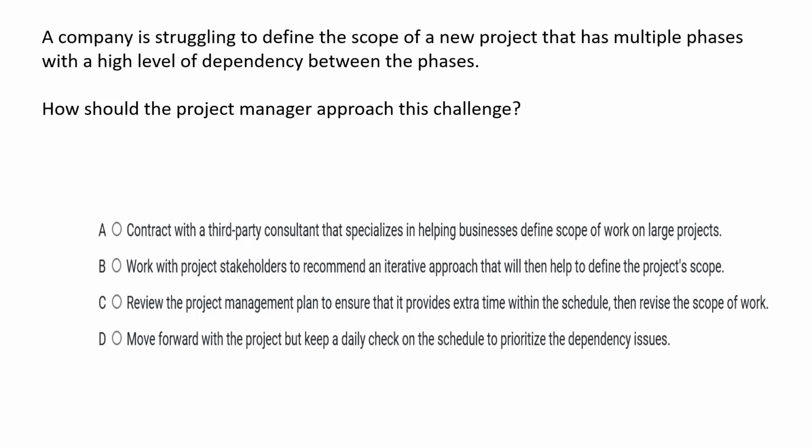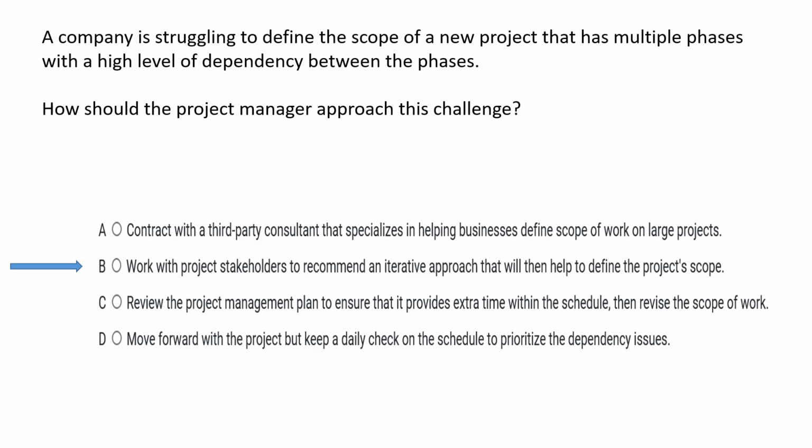Options are: contract with a third-party consultant that specializes in helping businesses define scope of work on large projects; work with project stakeholders to recommend an iterative approach that will then help to define the project scope; review the project management plan to ensure that it provides extra time within the schedule, then revise the scope of work; move forward with the project but keep a daily check on the schedule to prioritize the dependency issues.